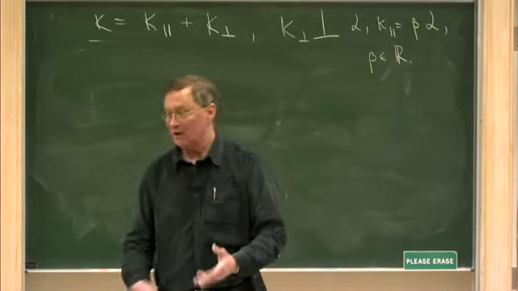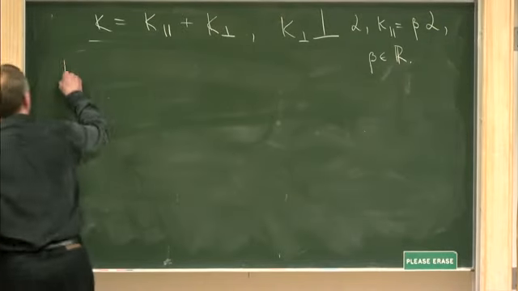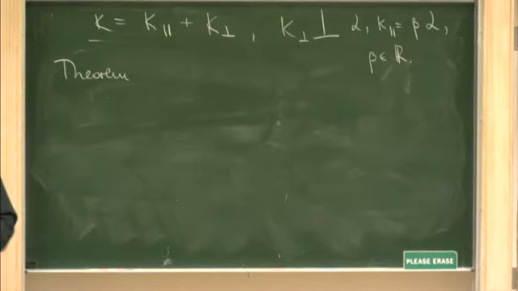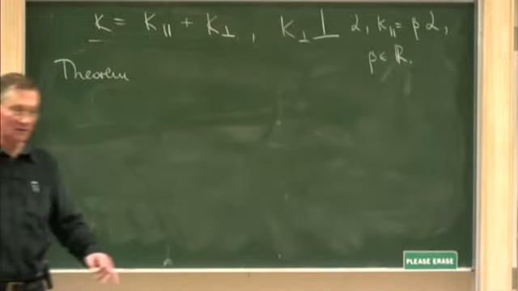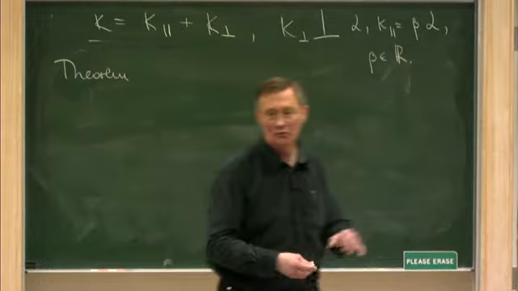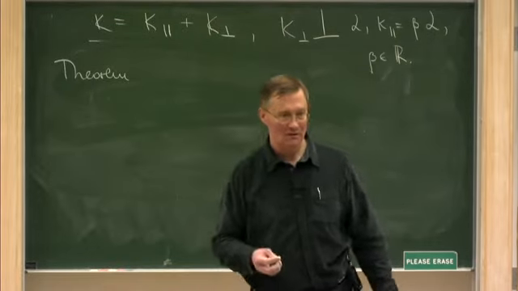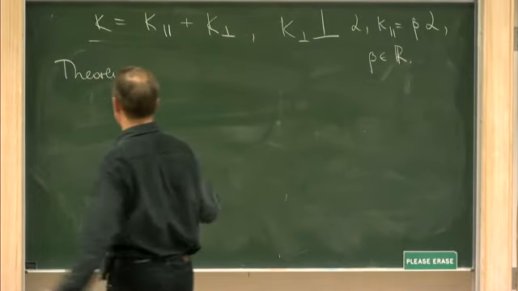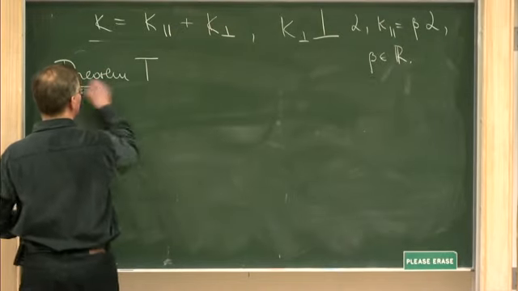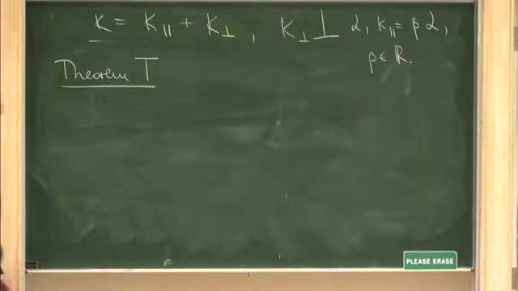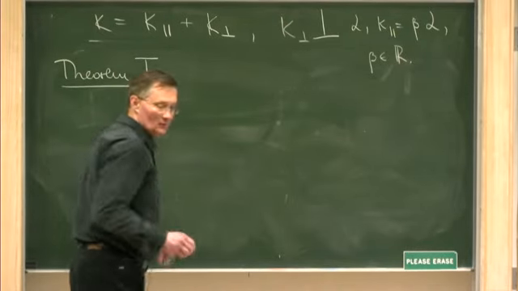Now I'm ready to state the theorem. This is the theorem that converts the qualitative information in theorem AC, absolute continuity, into quantitative information. So I'm going to write an estimate which would imply that theorem straight away. This is the theorem which I label T, after Thomas.